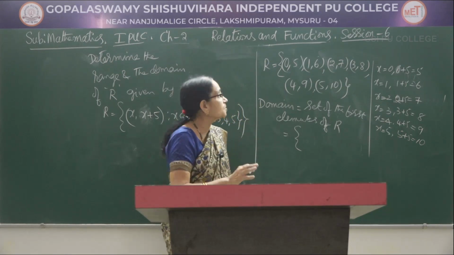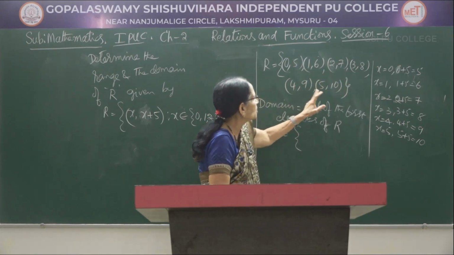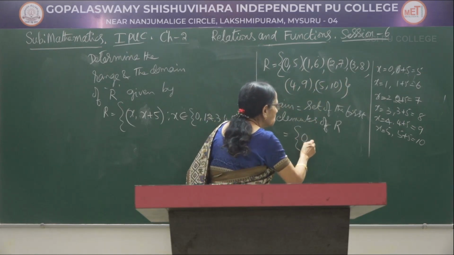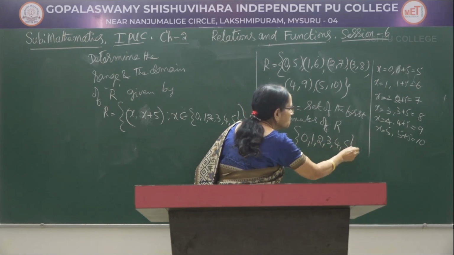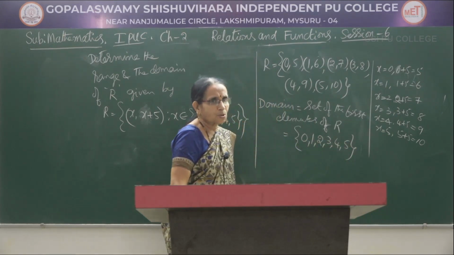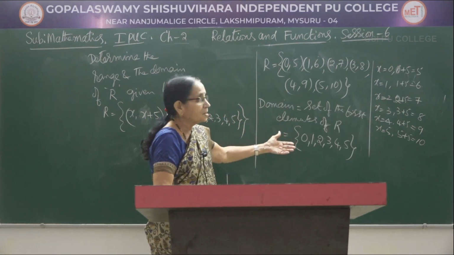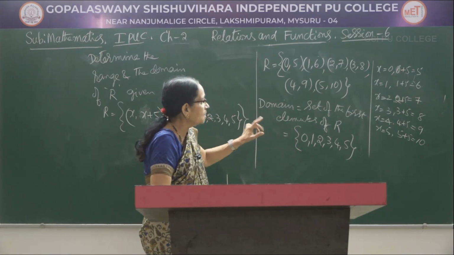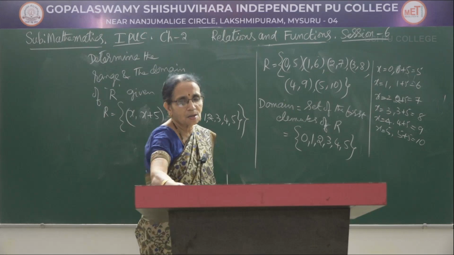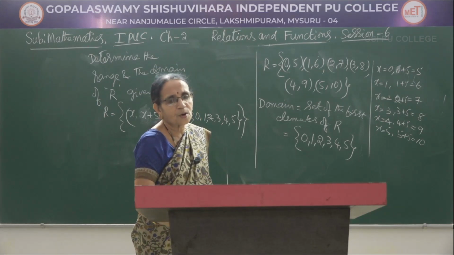What are the first elements of the relation? 0, 1, 2, 3, 4, 5. Write this one. See, in the earlier problems, the set was given as A, B like that, so we wrote that one. Here, they have not specified, so you write the actual elements. So, this is the domain of the relation R. That is, domain means it is the set of the first elements of R.